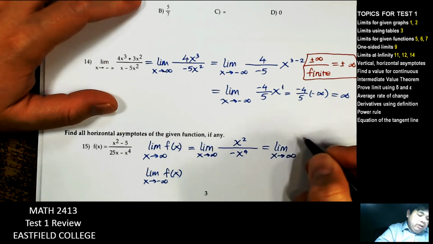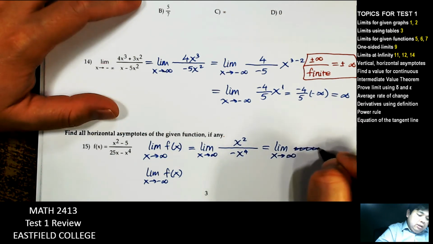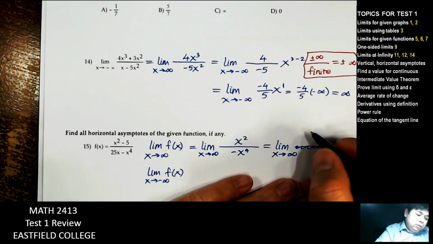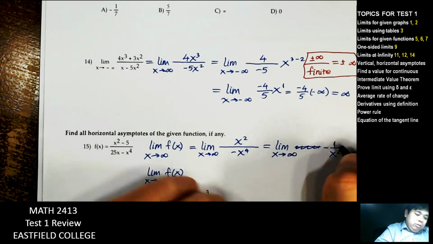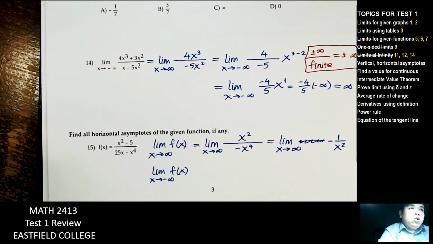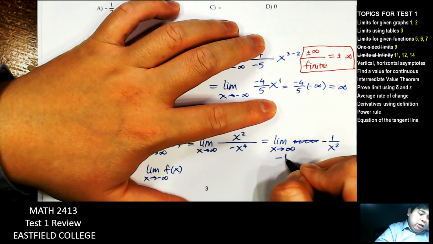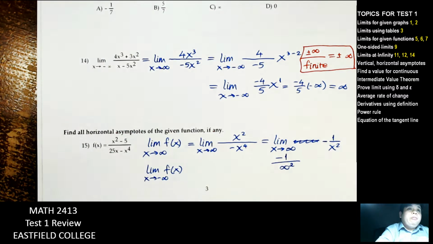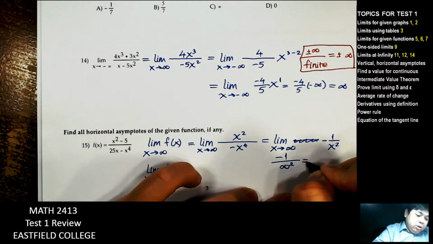x goes to infinity. It's negative 1 over x squared, because we cancel 2 of the x squared. Now, since x goes to infinity, we have negative 1 on top and the bottom is infinity squared. A negative divided by a positive is going to be negative.